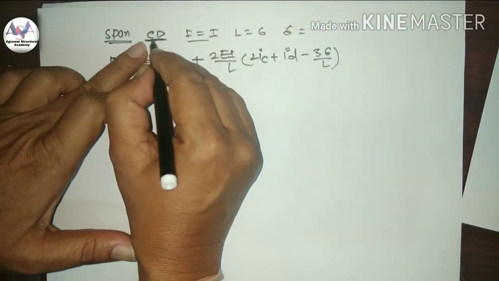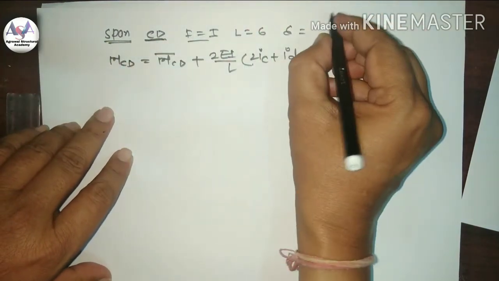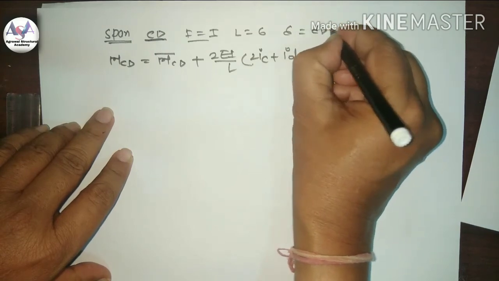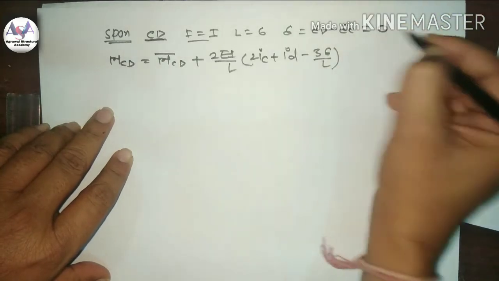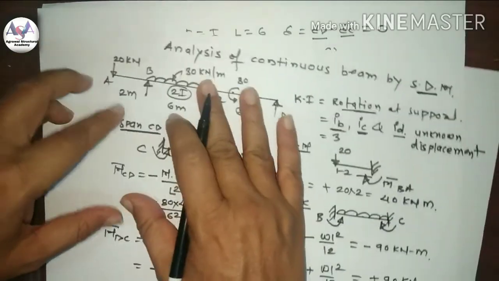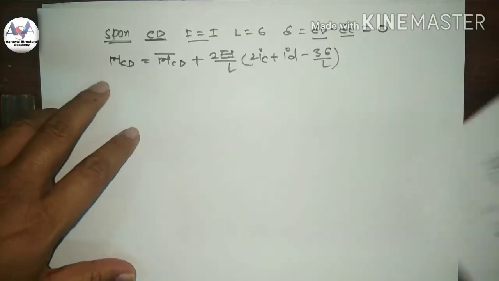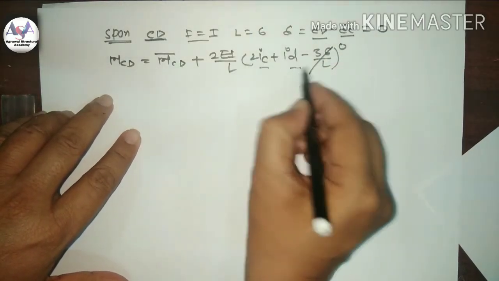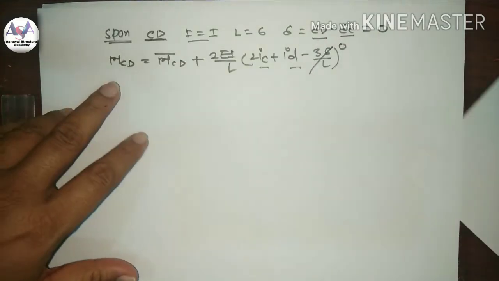Always the preceding end minus the forwarding end, delta D minus delta C. So that becomes 0, because delta C and delta D both are not given in our problem. So delta is 0 means this value is 0. We know C and D, these are our unknown displacement, so that value we have to calculate.